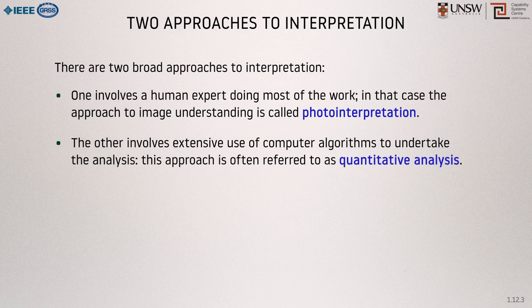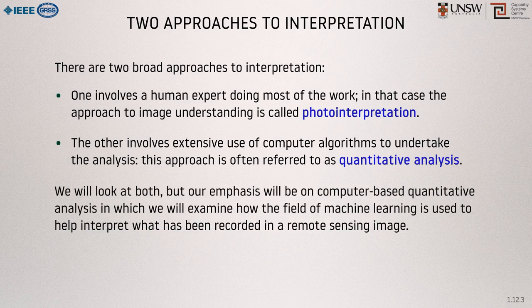The second approach, which is much more recent, involves the use of sophisticated computer algorithms to help undertake an analysis. A human is still involved, but their skills are more in knowing how to get the best results out of the computer-based approach than being able to interpret the images themselves. When computers are involved in the interpretation process, the approach goes by a number of names, including quantitative analysis, classification, or machine learning.